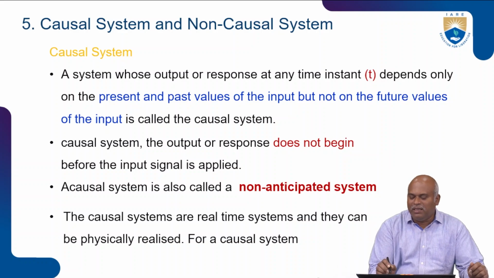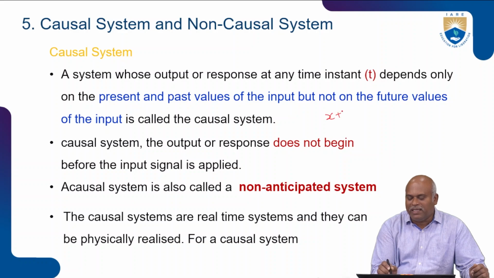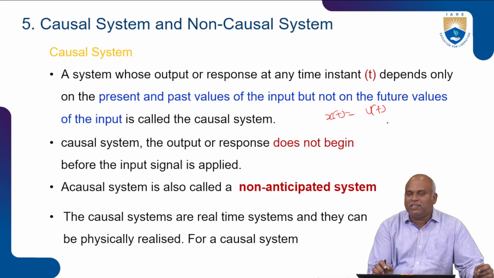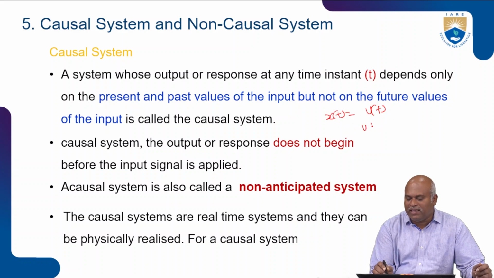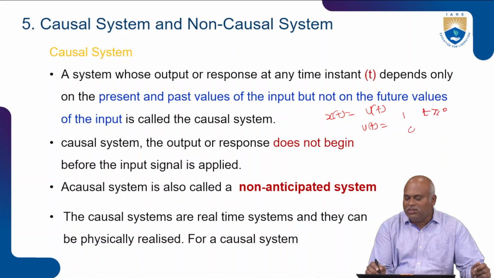For example, take the input x of t equal to u of t. We know u of t is the unit step signal, equal to 1 when t is greater than or equal to 0, and 0 when t is less than 0.